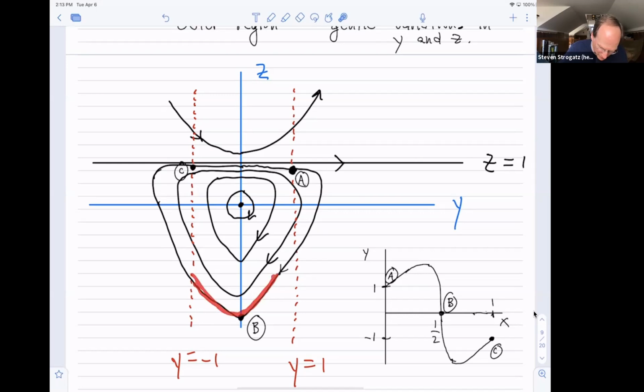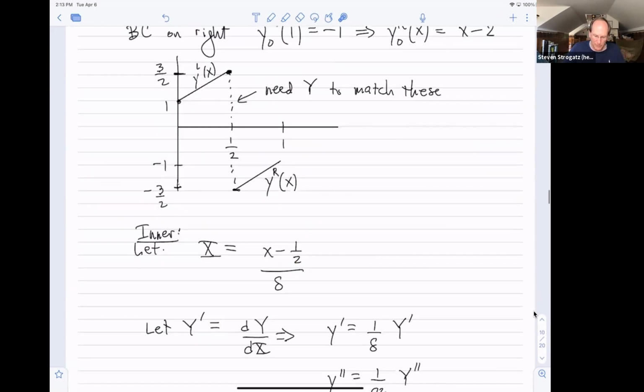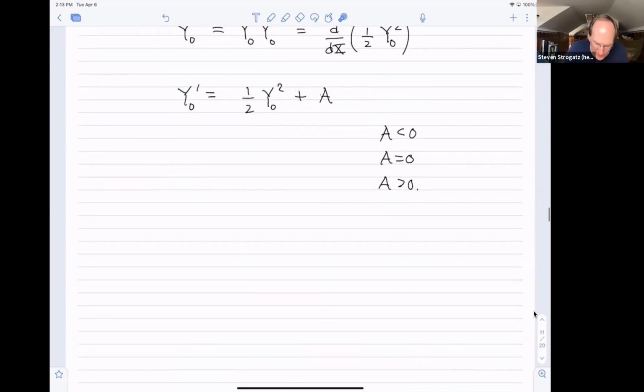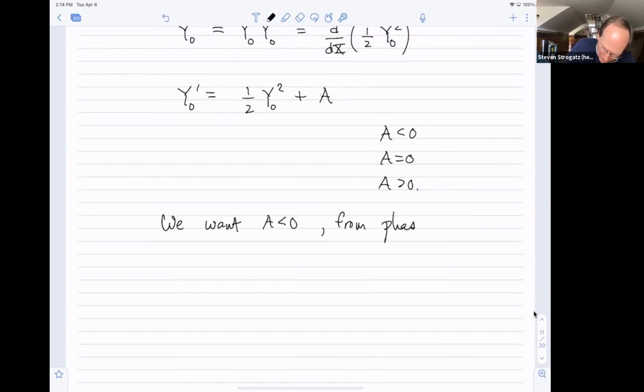It has to be down here on any of the trajectories that have a hope of working. These parabolas are irrelevant. We already decided. So I'm going to argue that this constant, this intercept, has to be negative, from the phase plane argument.